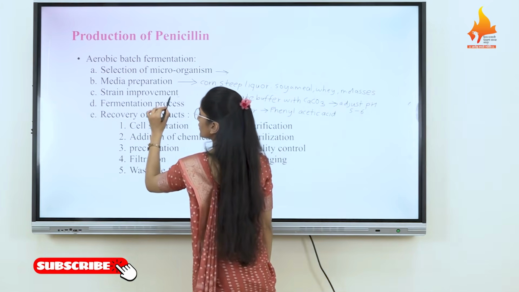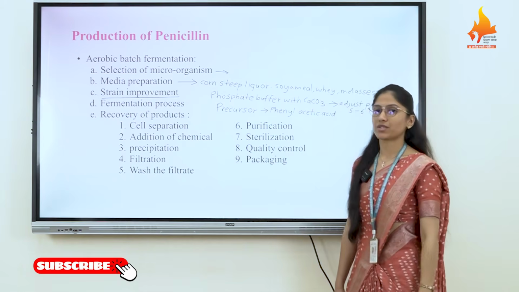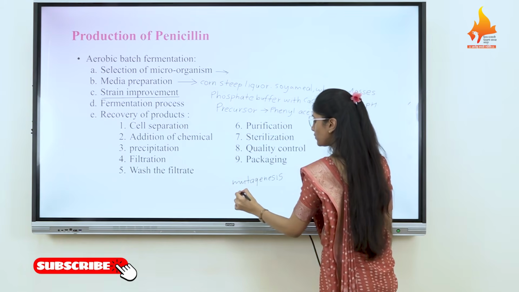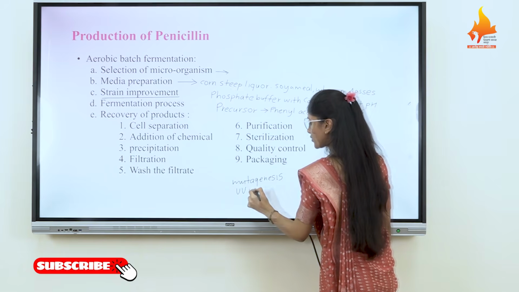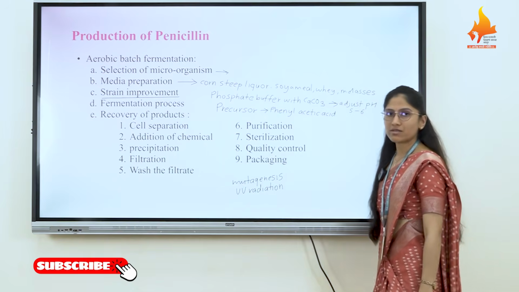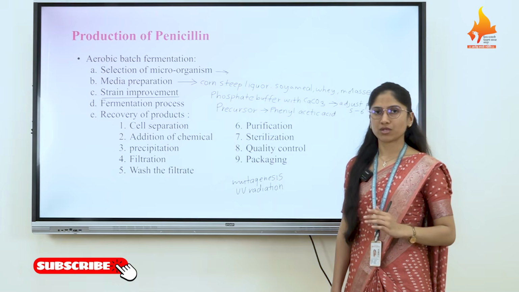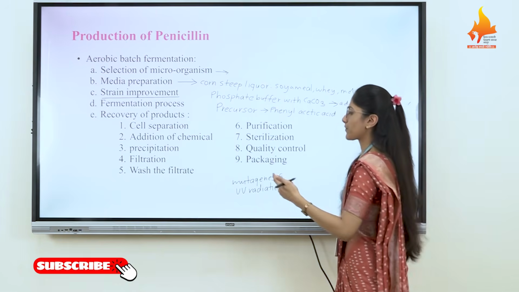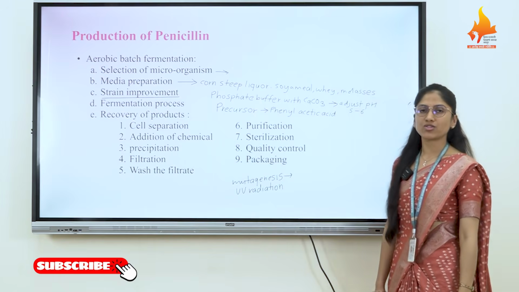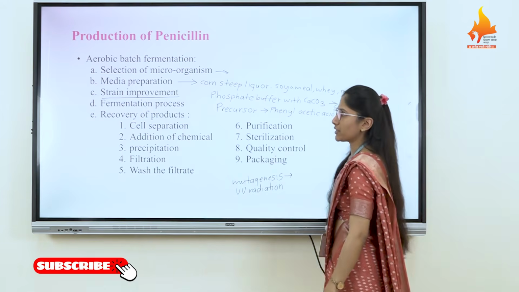Next one is strain improvement. By using mutagenesis and UV radiation, we improve or develop the particular strain of that genus which is responsible to produce the desired product. Mutagenesis means changes occur in the genetic material present in that bacteria.